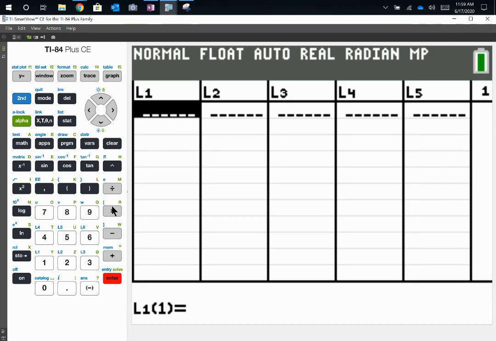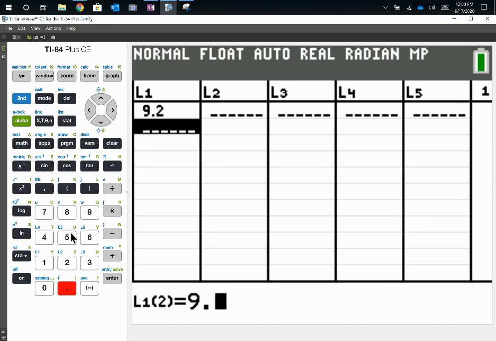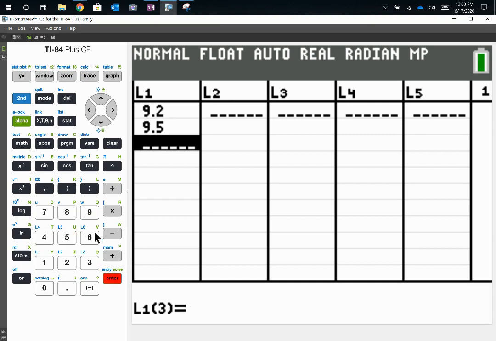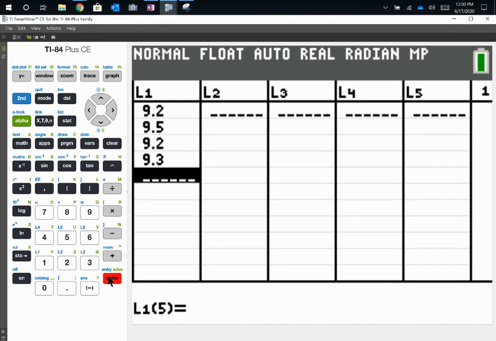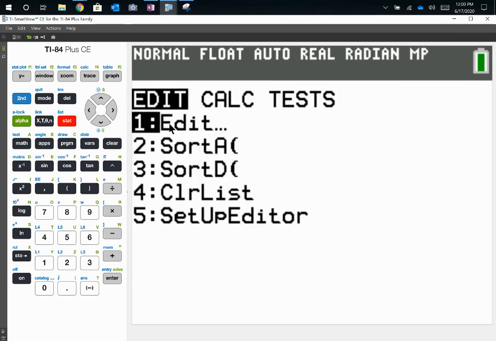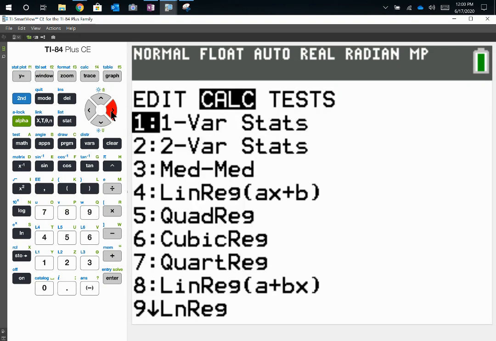And type in your current data, which is 9.2, 9.5, 9.2, and 9.3. So we have our data on a list. Now you go to Stat, and we want to go over to Test.